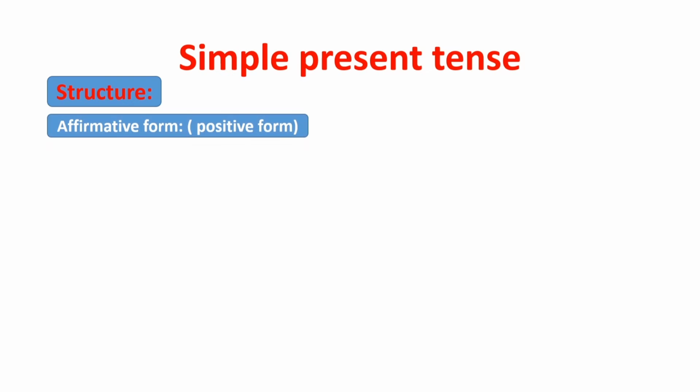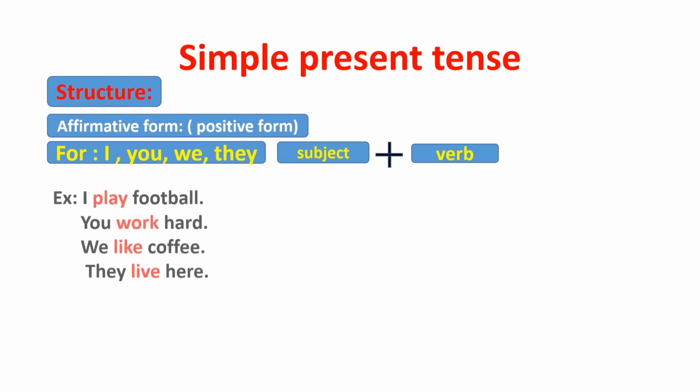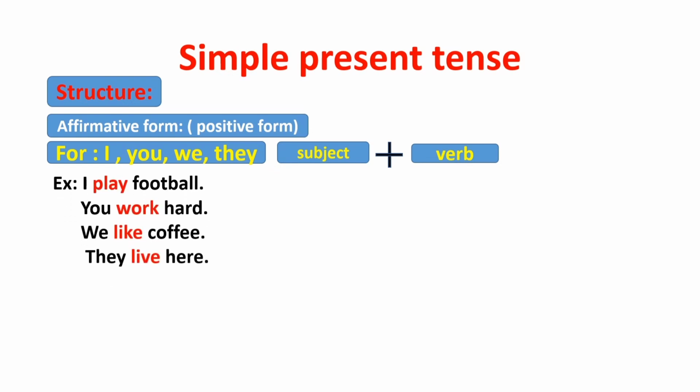The affirmative form, or positive form, is formed with the subject plus verb. For I, you, we, they, we have subject plus verb. So let's see some examples. I play football. You work hard. We like coffee.